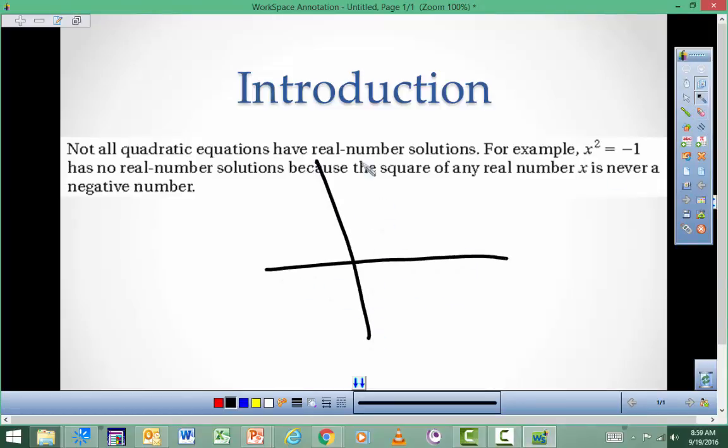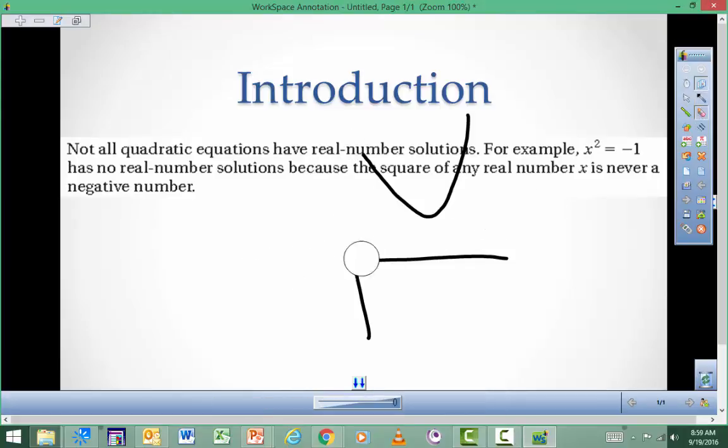When you draw your parabola, there's a parabola. It does not cross the x-axis. And so it has no real solutions, but there is a parabola here. So what's the deal going on here? So this scenario comes up. So mathematicians had to create a new number, and that's what this section is about.